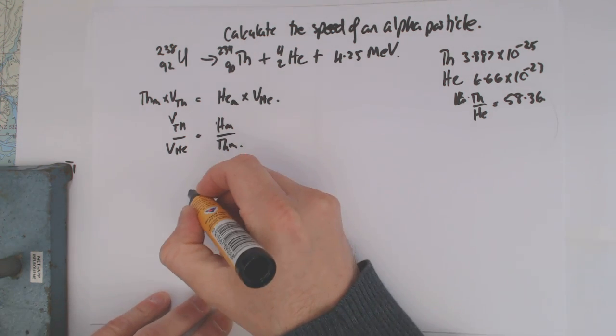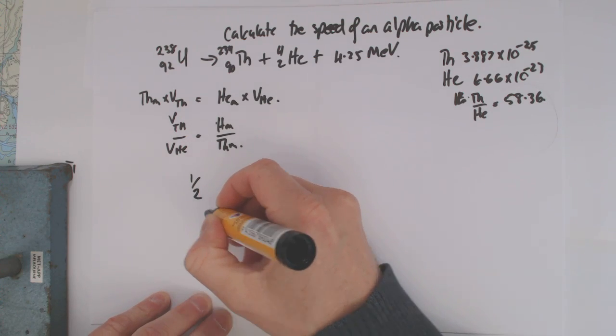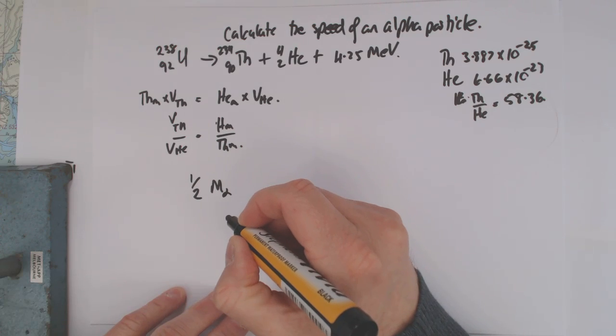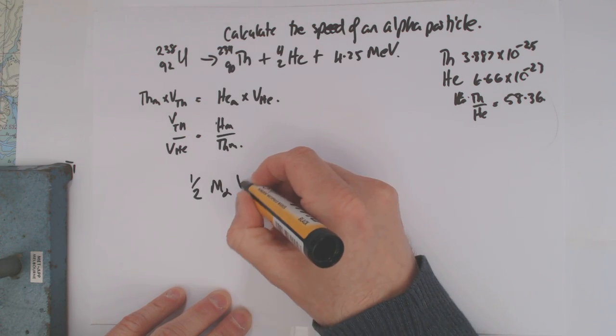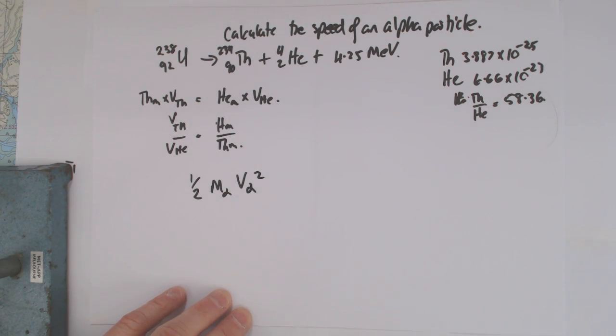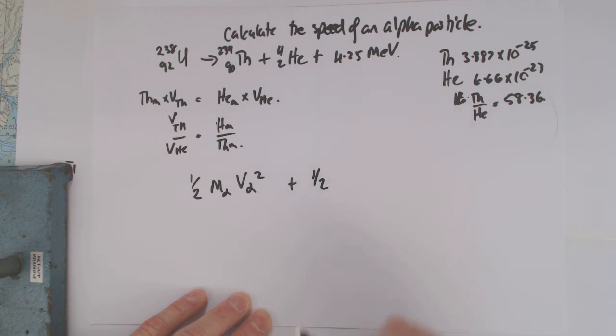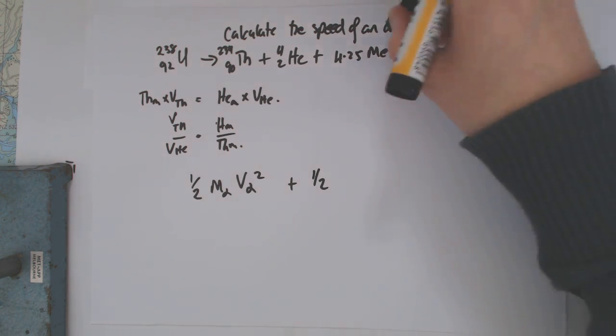So let's write out our equation. One half the mass of alpha times the velocity of alpha squared. That's its kinetic energy. Now we know it's got 58 times the velocity of thorium. So let's do the thorium's kinetic energy, all in terms of the velocity of alpha, because we want the velocity of the alpha particle.